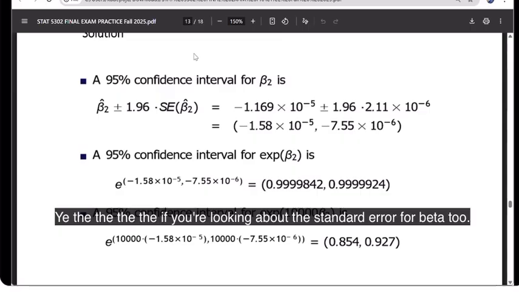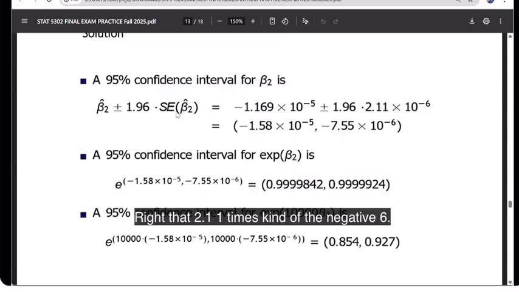If you're looking at the standard error for beta 2, it's 2.11 times 10 to the negative 6. This is actually from the table.